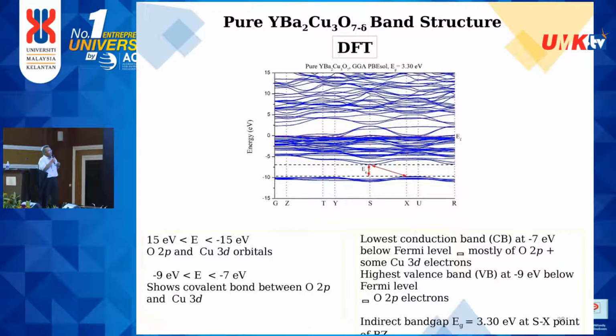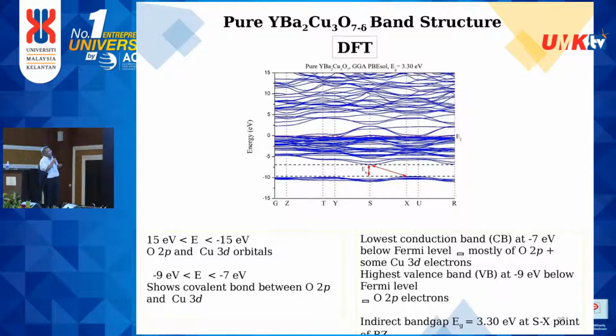And lowest conduction band CB at 7 electron volt. At the top side is the conduction band. The lowest one is the valence band. Highest valence band at negative 9 electron volt below Fermi level due to oxygen 2p electrons.